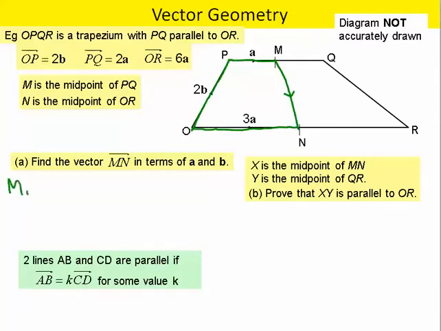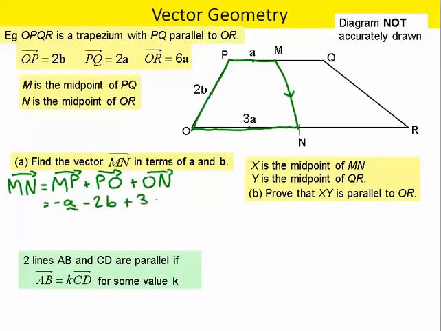So MN is equal to MP plus PO plus ON, and that is equal to minus a minus 2b plus 3a, and that gives us an answer of 2a minus 2b for vector MN.